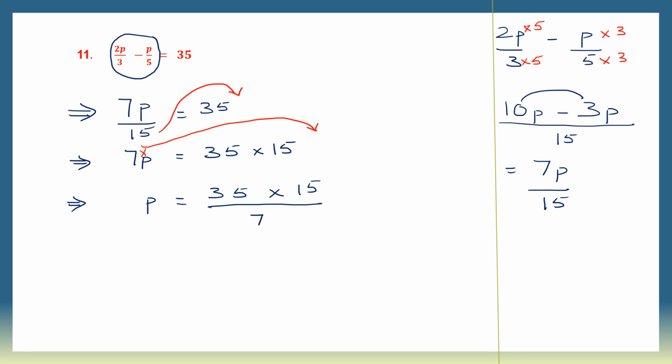It's become division. Now let's cancel. 7 5s are 35. Let's multiply the numerators. 5 into 15. 15 5s are 75. So we have found the value of p. p is equal to 75. So this is our answer. p is equal to 75.